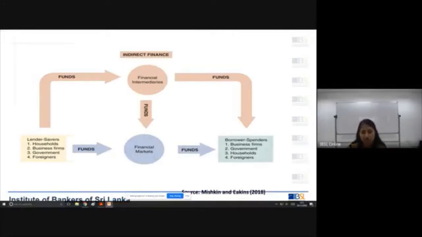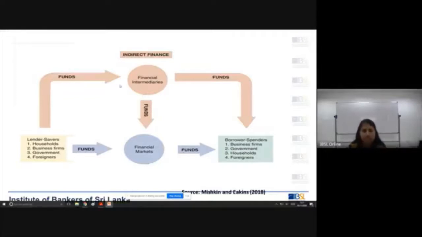Okay, so through this market investment, the funds will then go to the deficit unit. So it's more of an L-shape. It moves from the lender, the funds come to the intermediary, the intermediary gets to the market, and then from the market it goes to the deficit unit.